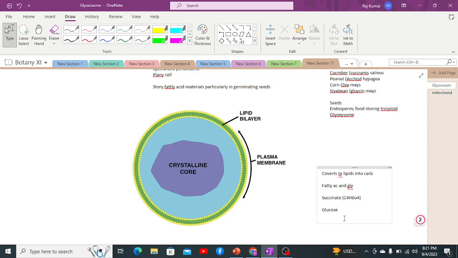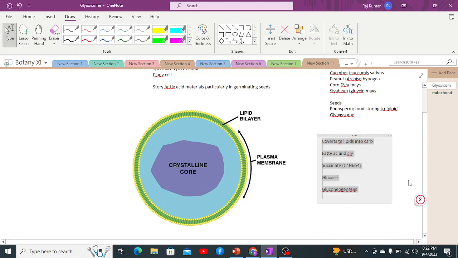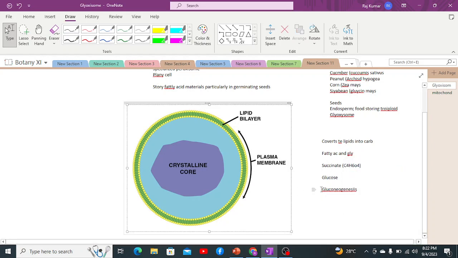So this process in which formation of carbohydrate takes place from non-carbohydrate compound is known as gluconeogenesis. First lipids are converted into fatty acid and glycerol, fatty acid is converted into succinate, and succinate is converted into glucose.